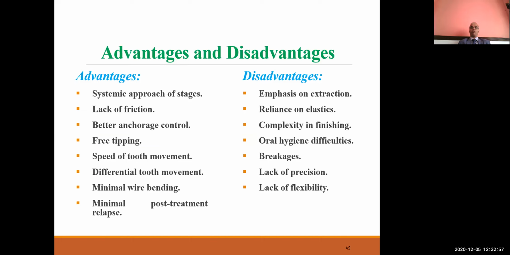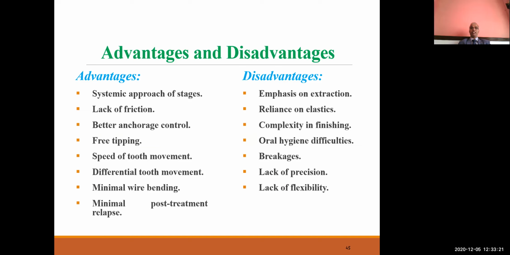The advantages and disadvantages of Begg technique. Advantages: the systematic approach of stages, lack of friction, better anchorage control, free tipping of the teeth, speed of tooth movement, differential tooth movement, minimum wire bending, and minimal post-treatment relapse.